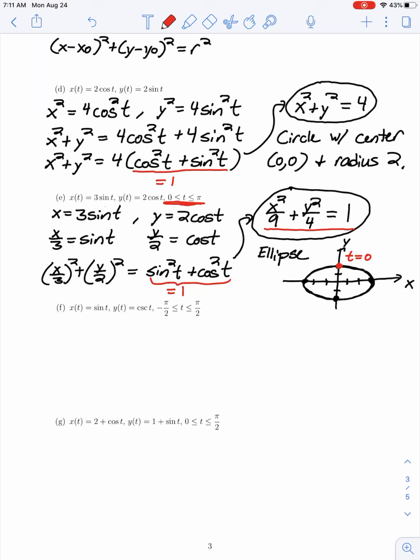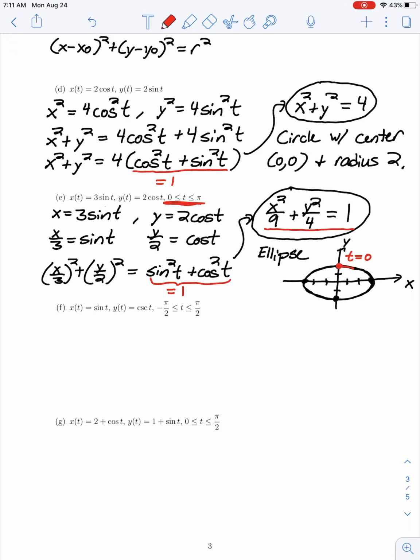So as t starts to increase, say from 0 to pi over 2, well, our x value is then increasing. We have 3 sine t, which is initially increasing. So our x values will be getting larger. So we're going to be moving in this direction.